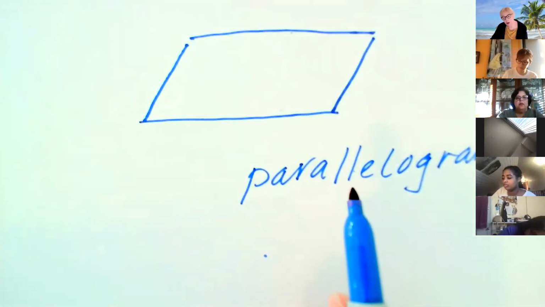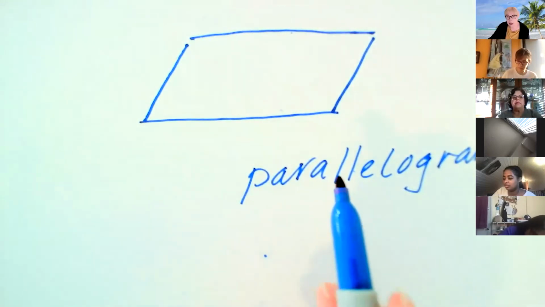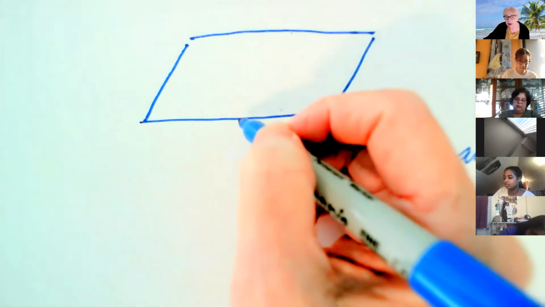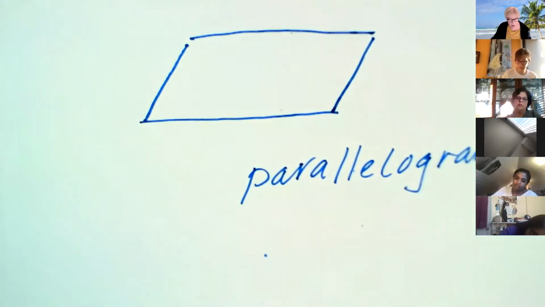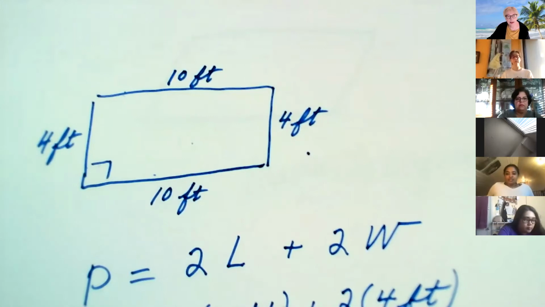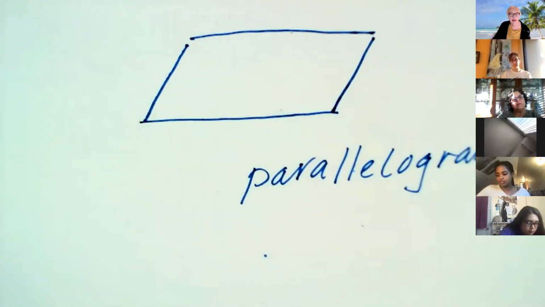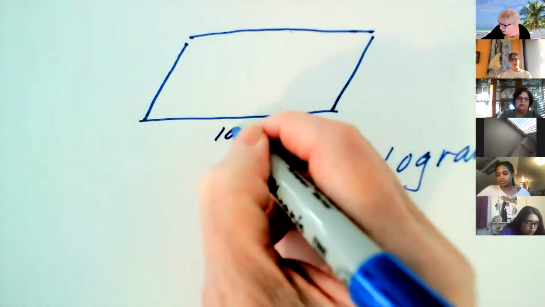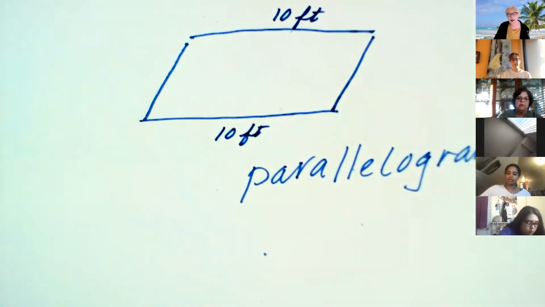It's almost like the rectangle got tipped, but the 2 opposite sides will be the same measurement. So if you took this and tipped it, can you see it? Just pretend it's made up of little segments and it'll tip. The 10 and the 10 would stay the same. So if this was 10 feet, then if it's a parallelogram, this would be 10 feet.